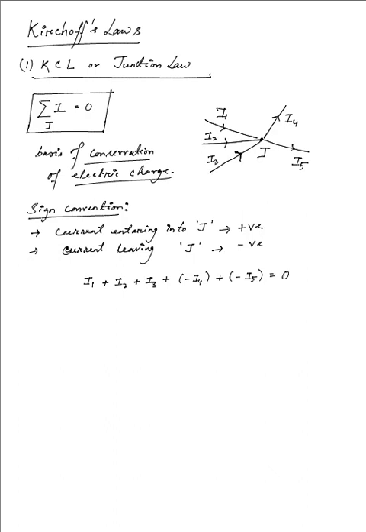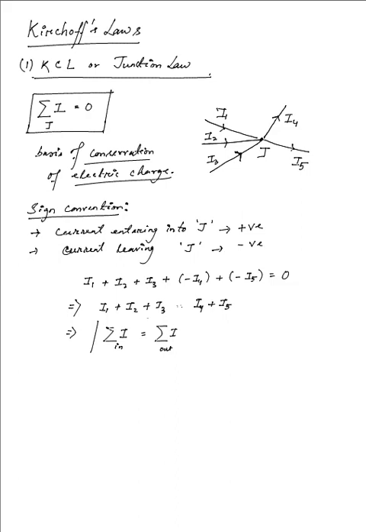This entire thing goes to 0. So finally what we have is I1 plus I2 plus I3 is equal to I4 plus I5, taking them to the other side, which also means that the total amount of current that is getting into the junction is equal to the total amount of current that is going out of the junction.